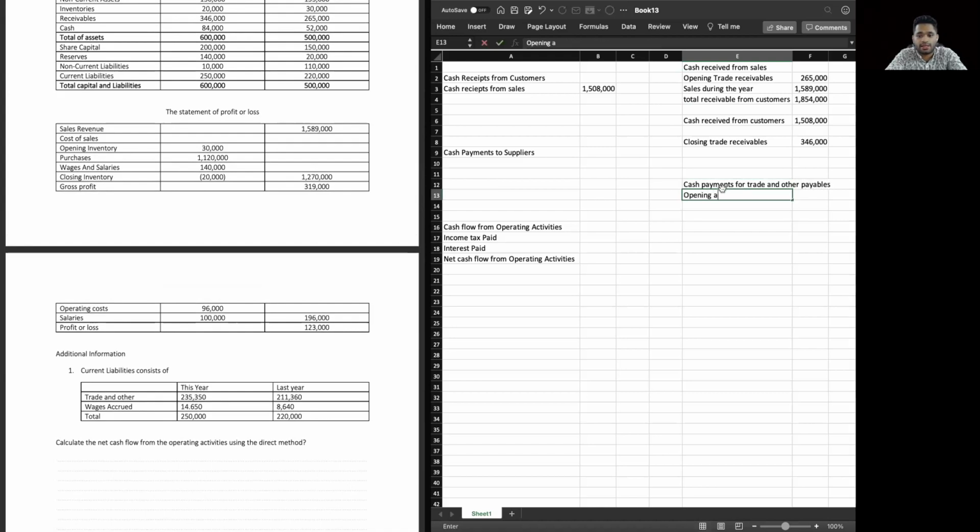The opening balance is going to be 211,360, and the closing balance is going to be 235,350.